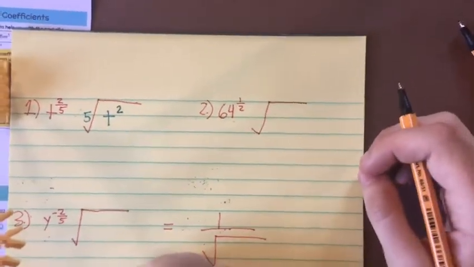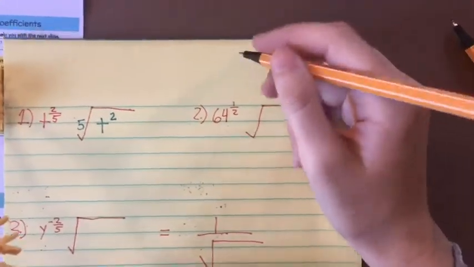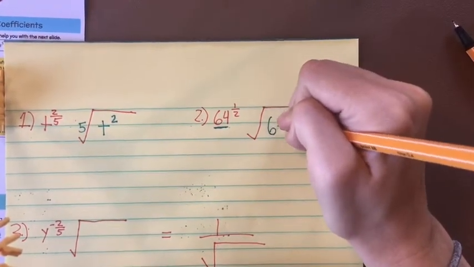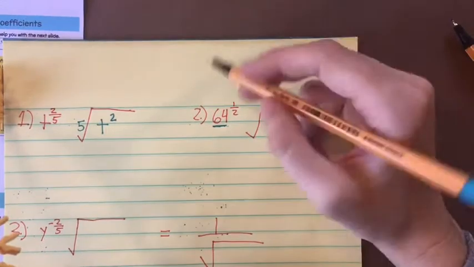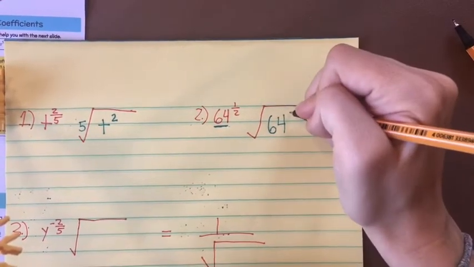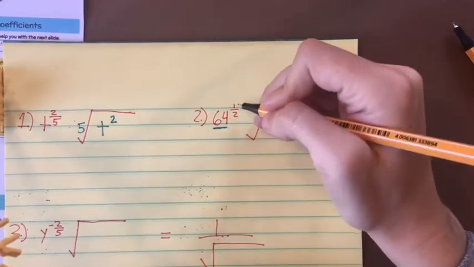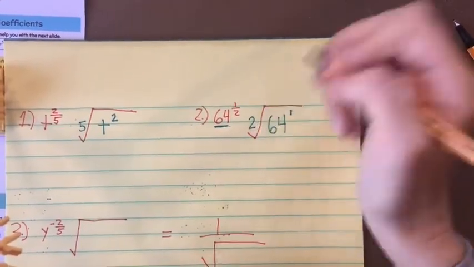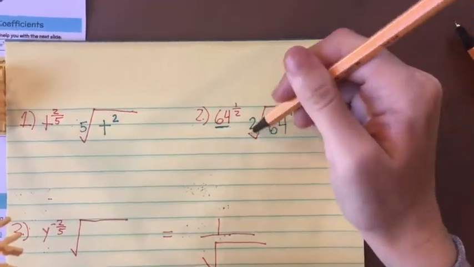So then we look at the second one here. Remember that base is what's going to come inside the square root symbol, right? And then that number that's in the numerator, you're going to say it's to that power, the numerator's power, and then this 2 is going to be in this square root symbol, right?